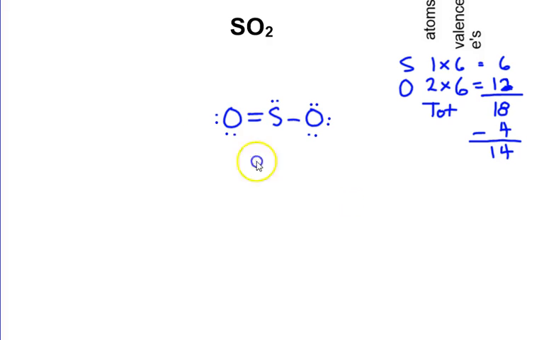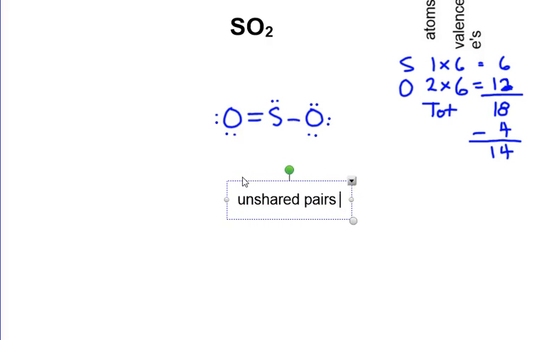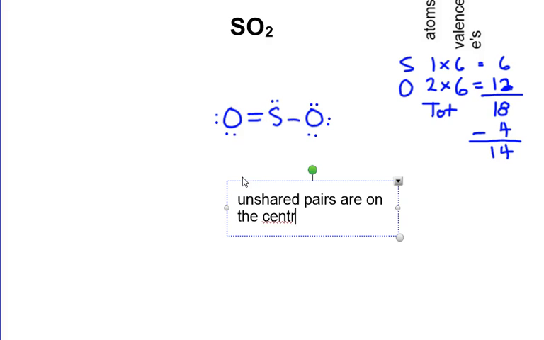Okay, so let's go ahead and type in here unshared pairs are on the central atom. And that means that we have a what? What's the shape? Bent. Yep.